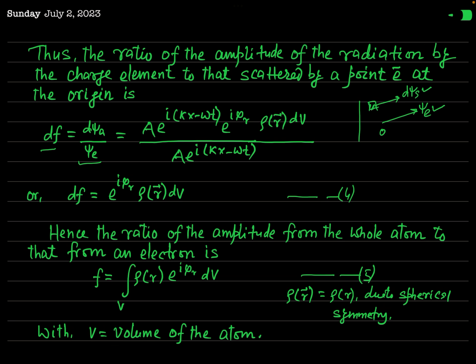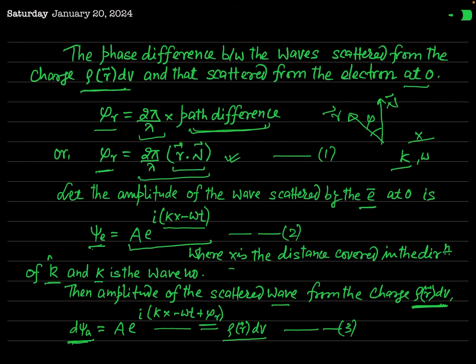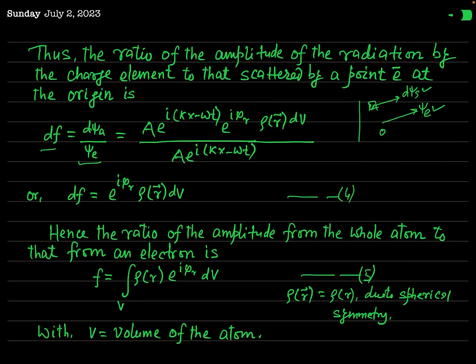You have seen that d psi a is equal to a e to the power i(kx minus omega t plus phi r), times rho r dV. You can write the factor e to the power i(kx minus omega t plus phi r) as e to the power i(kx minus omega t) times e to the power i phi r.